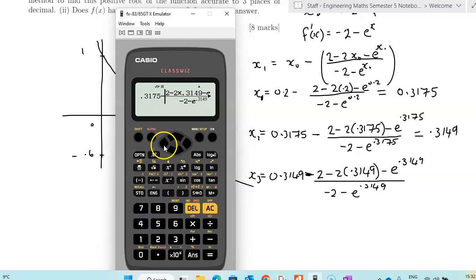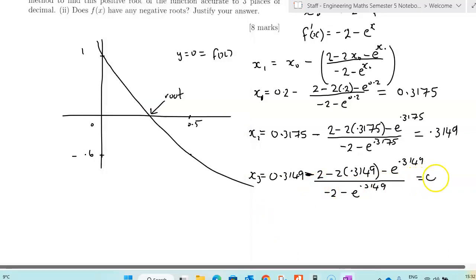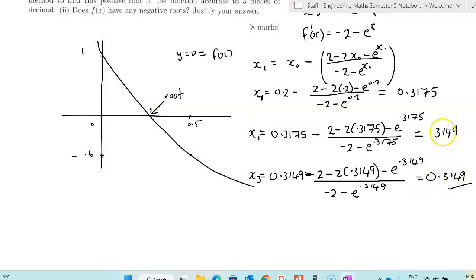And this here is the last one. And equals. There we go again. For x3, I get the same thing to 4 decimal places, 0.3149. So for the last two answers, for x2 and x3, I have them the same to 4 decimal places.